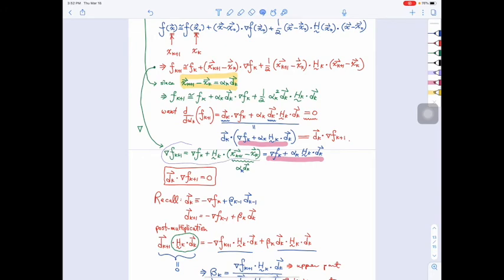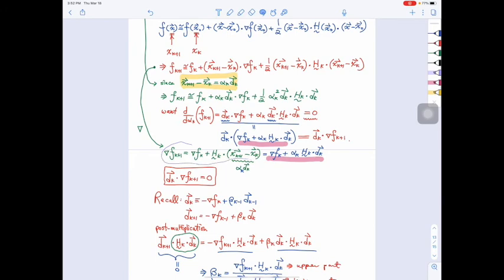We already derived it earlier. I made a box. I forced you to make a box. I told you it's important because it has been used multiple times. So we know this one is 0. And the lower part can be replaced by this new thing.